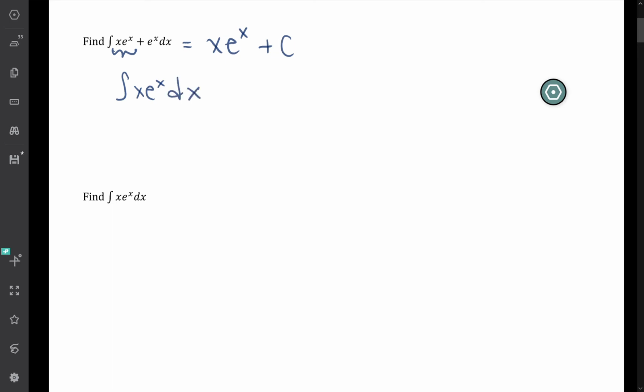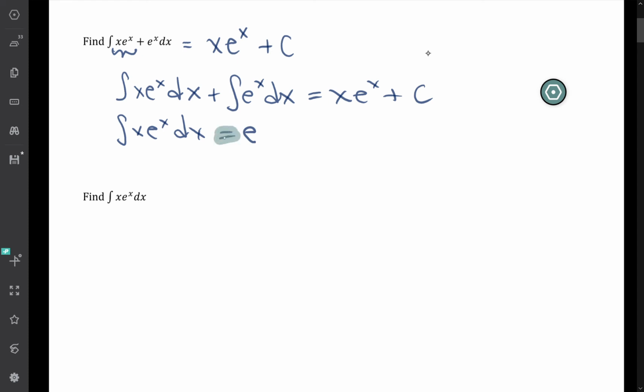I can split up this integral, and one of those is actually really easy. I know that the antiderivative of e to the x is e to the x.